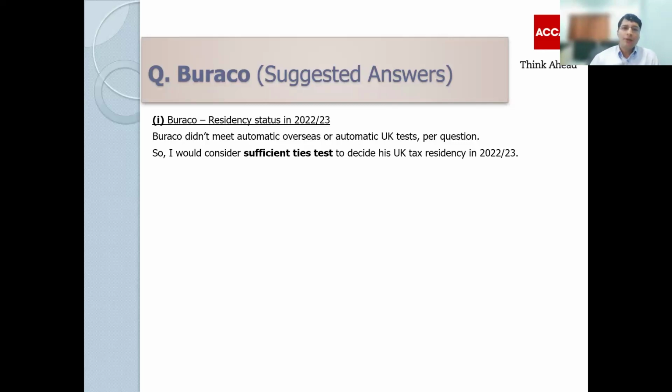Guys, can you give me the 3 sufficient ties test points, please? Anyone? Shekhar, do you want to try? What 3 ties may be there? Nitin? Can you just make your answer visible to everyone?